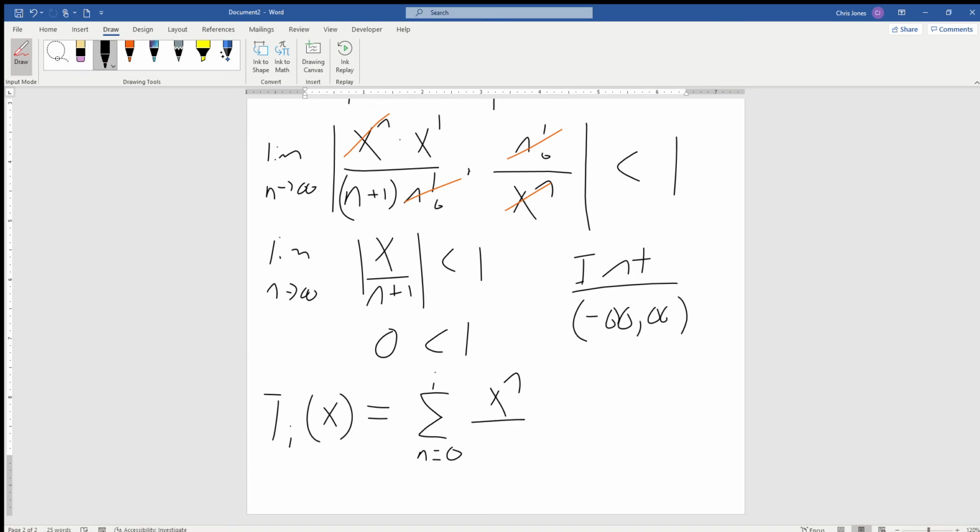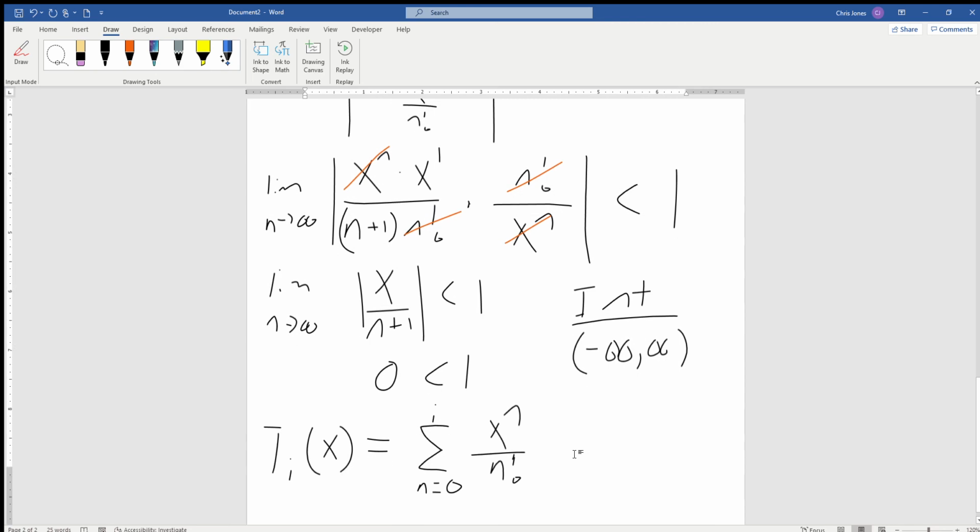X to the n divided by n factorial. Let's say for some reason I want i to be, let's just say, 1.